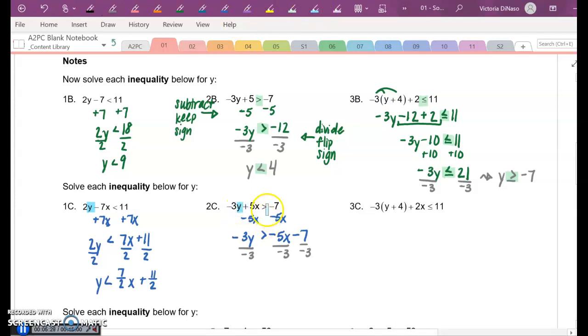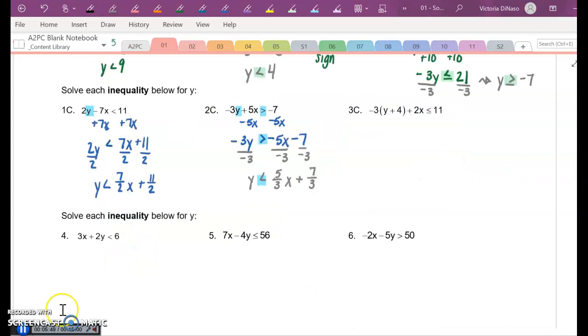So we're solving for y, we have the same side, and now we're going to flip the sign. So we have y is now less than negative 5 divided by negative 3, which is positive 5/3 x, and then we have negative 7 divided by negative 3, which is now a positive 7/3. So we have y is less than 5/3 x plus 7/3.